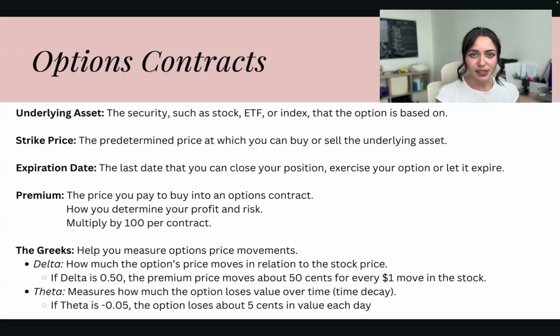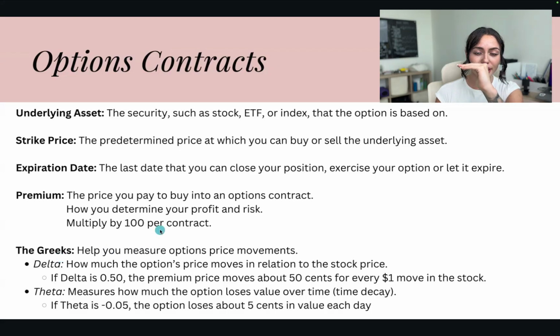If your delta is 50 cents and you pay $2 for your options premium, and the underlying stock, let's just say we bought Apple stock, goes from 300 to 301, we increase by $1 and we are in a call buy position. So we are looking for that stock to increase.